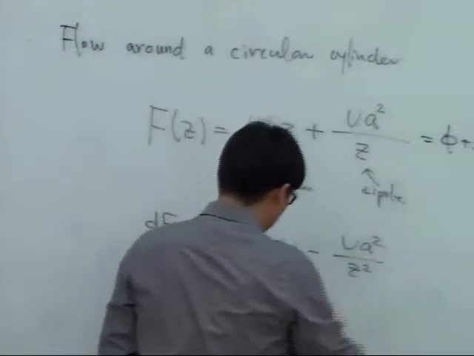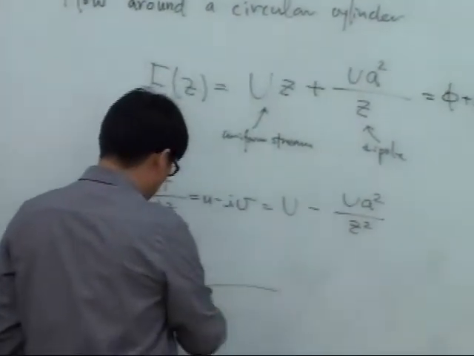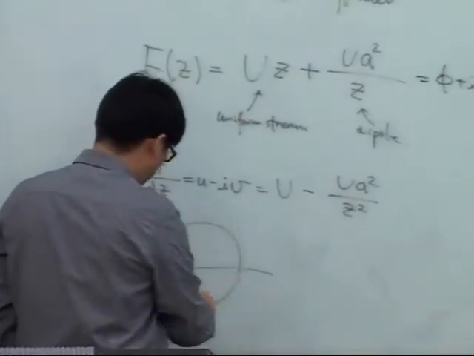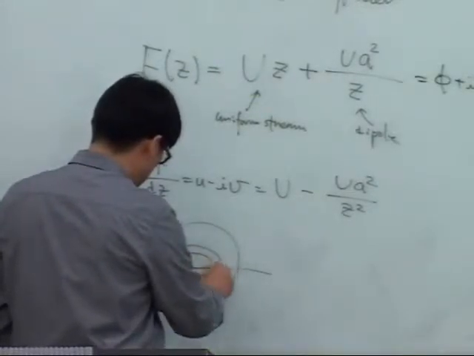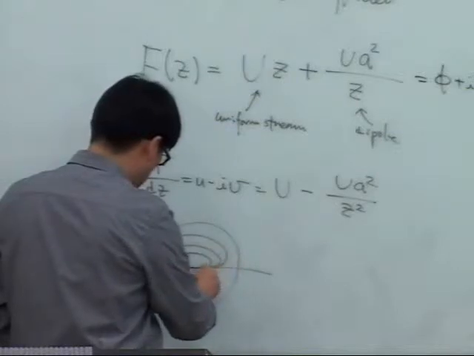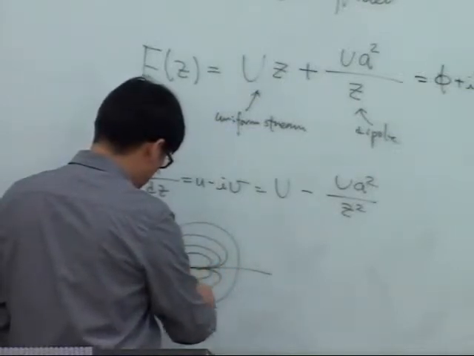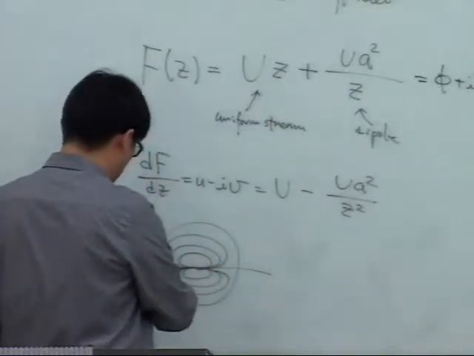Then once you find the stream function, you can draw the stream function that we had before. So it looks like this. Each constant stream function value gives you a streamline.